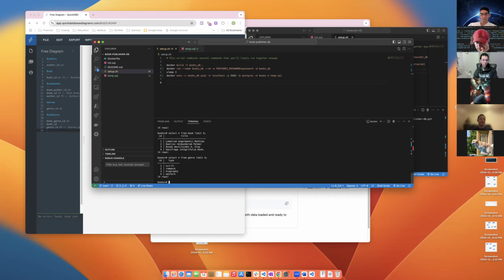And then we had the two join tables, or junction tables. We had book authors. Was it plural? I think it's plural in this case. Yeah, and then we have book genres. Same thing, another plural.